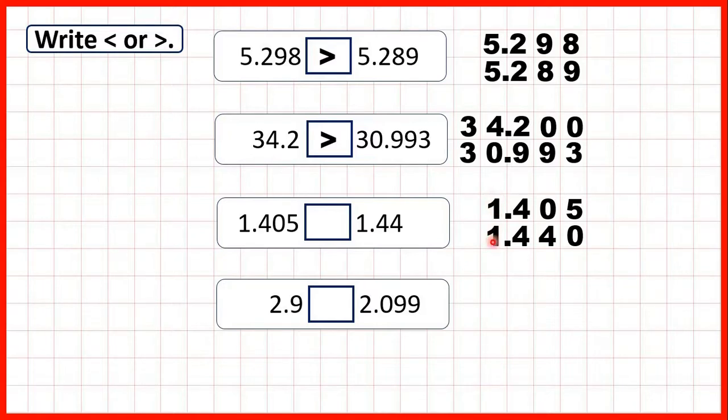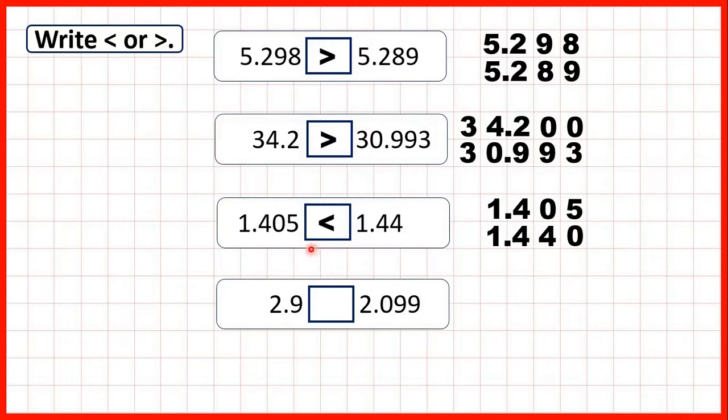Both numbers have 1 in the ones column and 4 in the tenths column, so we need to go across to the hundredths. The first number has 0 in the hundredths, but the second number has 4. So 1.405 is less than 1.44.